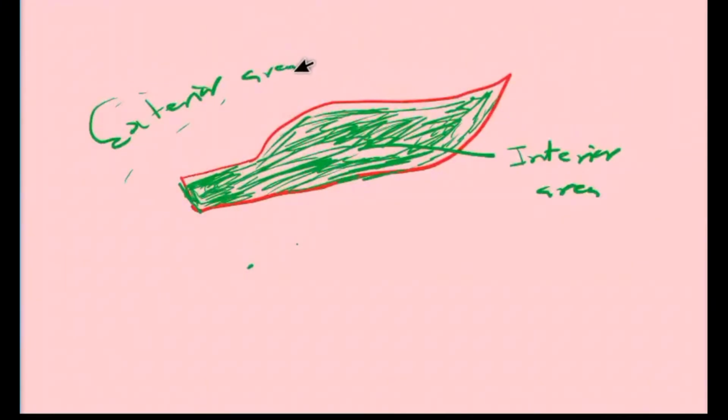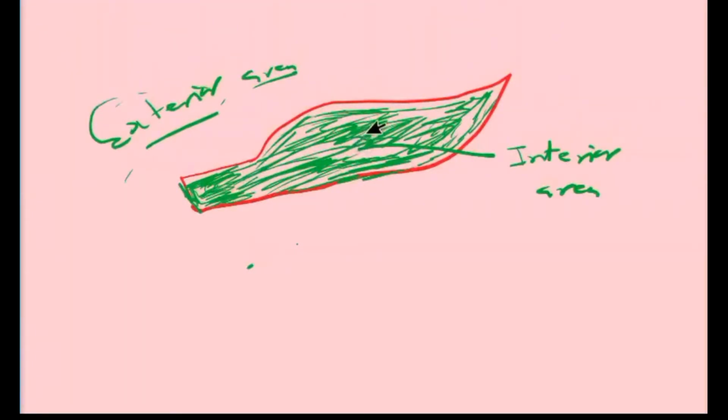And color the whole of it. Where you are filling the color, this is inside, it is the internal area. And the outside, these all are the external area. So we want to measure the internal area.